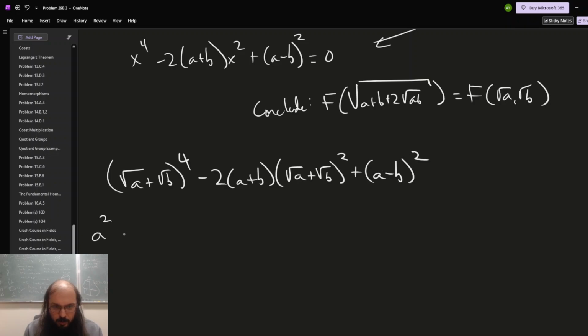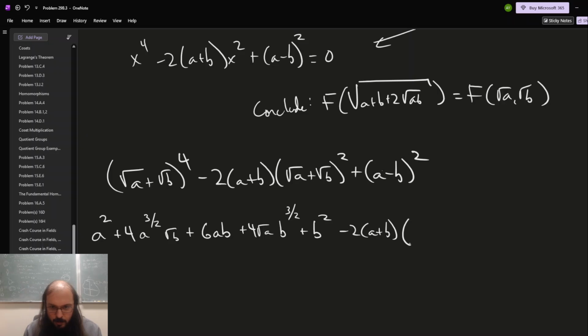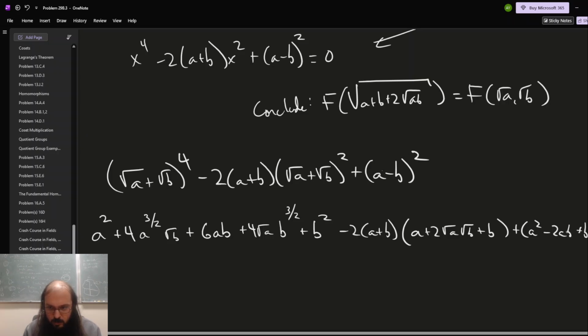So I have a squared plus 4 a to the 3/2 power square root of b, plus 6ab, plus 4 square root of a b to the 3/2 power, plus b squared, minus 2 times a plus b. What's this thing? This thing is a plus 2 square root of a square root of b plus b. This last guy is a squared minus 2ab plus b squared.